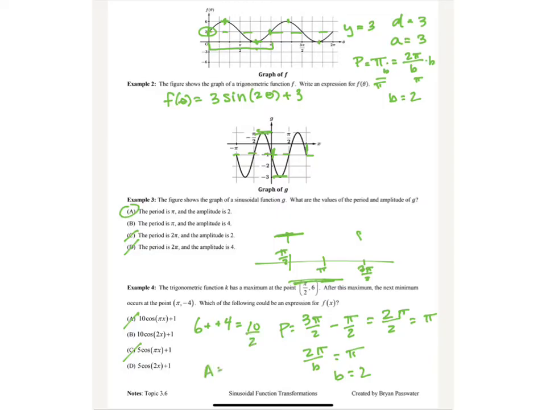So amplitude is 5. Now, if I add 5 to my -4, or subtract 5 from my 6, where does that put my midline? 1. D is 1.